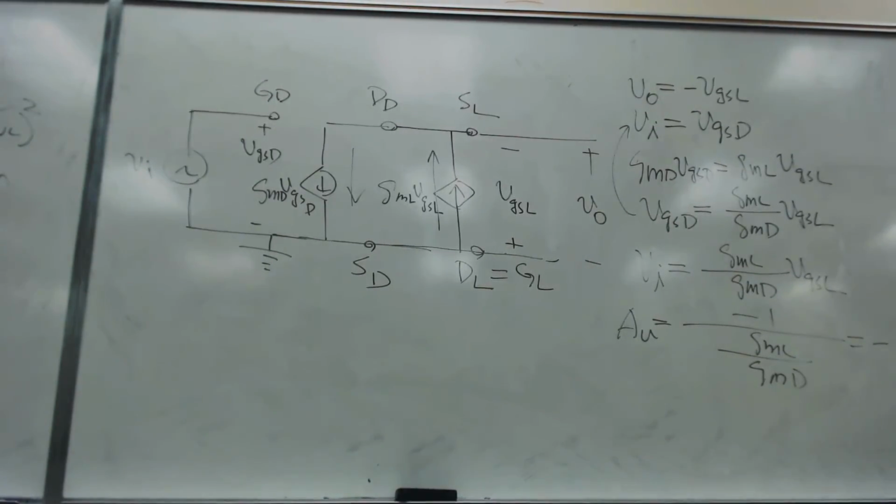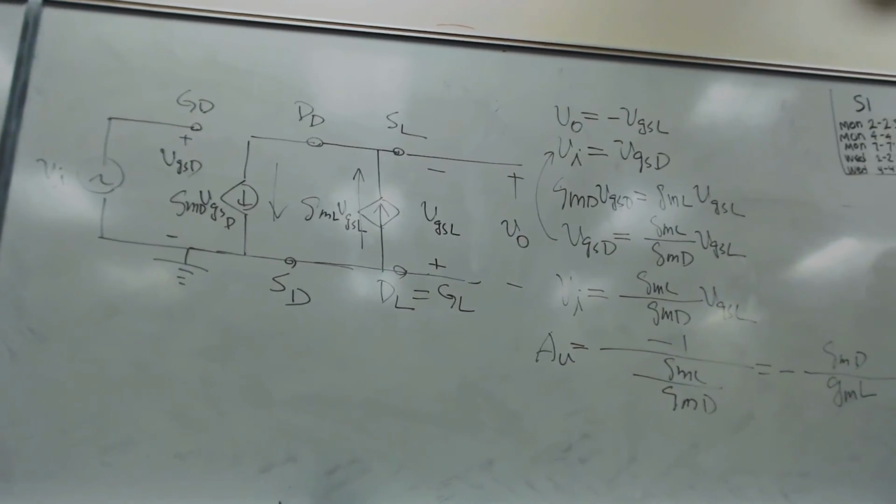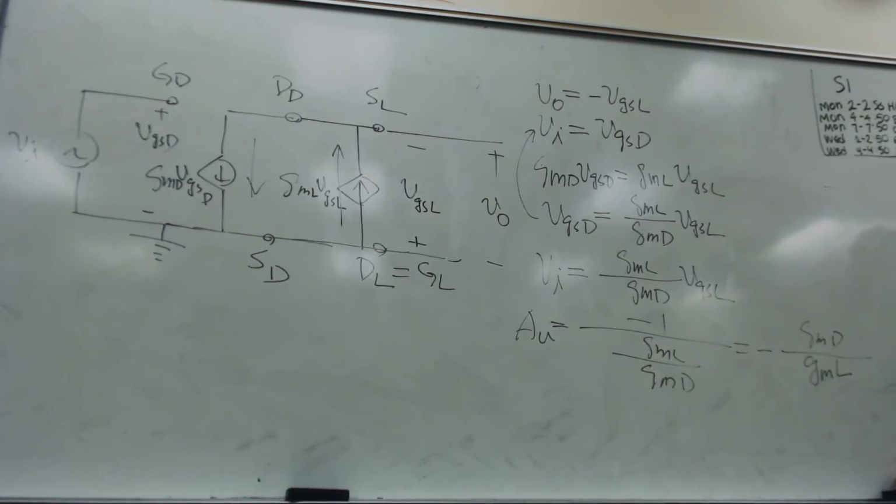So basically, for this type of amplifier, the voltage gain is always the ratio of the two transconductances.